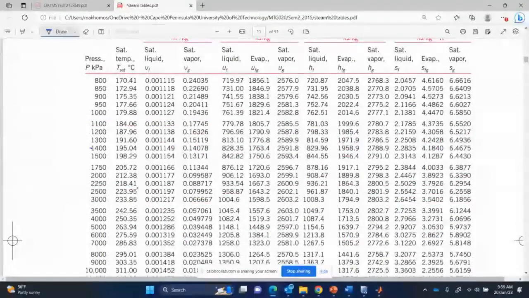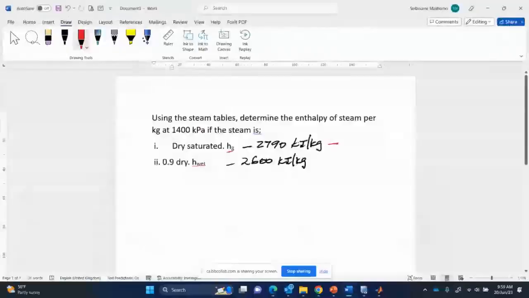Here is 1400. So hg corresponding to 1400 is what we are looking for. So hg here is 2788.9 kilojoules per kilogram. Can you see how close we are? The Mollier diagram says 2790, we get 2788. So we are almost there.